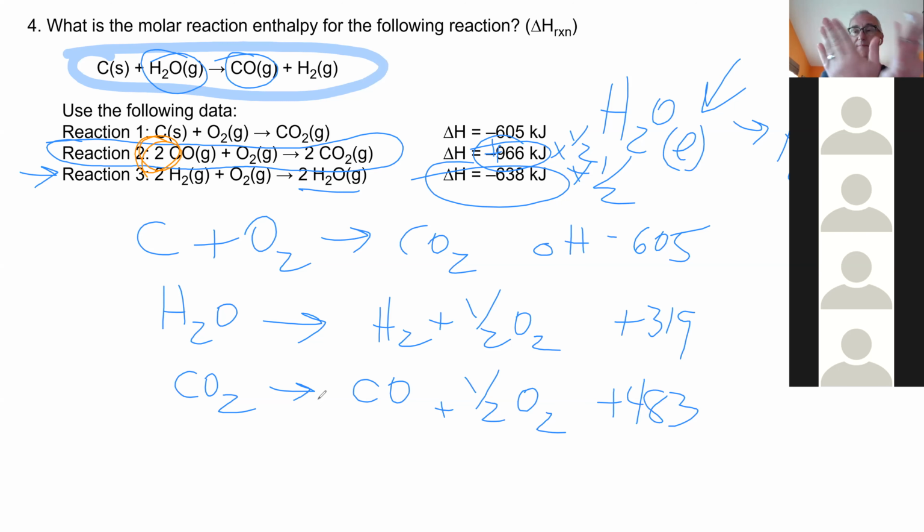I need to flip reaction 2 around so that carbon monoxide is now a product rather than a reactant. So the sign changes, and I have to multiply it by 1/2 because I only want half of that amount of carbon monoxide. I don't want 2 moles, I just want 1. So I change it so that there's only 1 mole of carbon monoxide now, where there used to be 2. Okay?